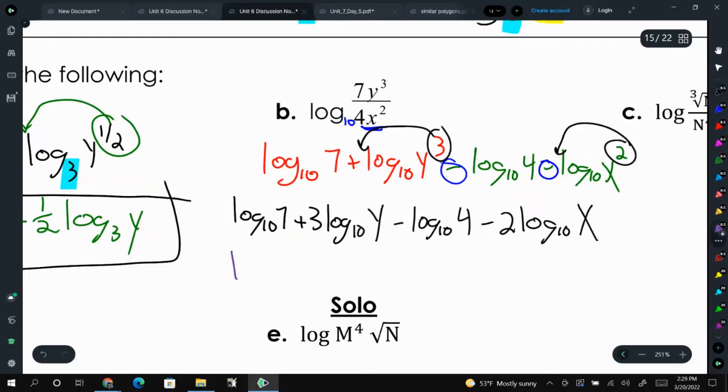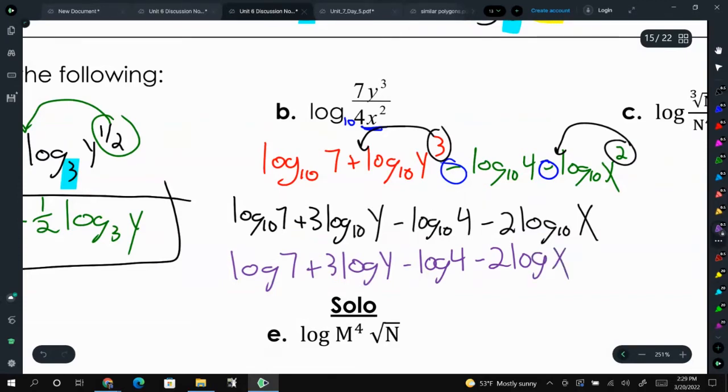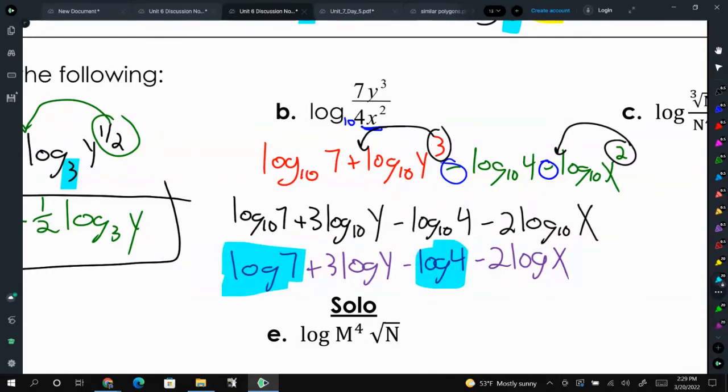Now, if you wanted to write this without the 10 written, make that 10 invisible, you could do that. If you wanted to evaluate these in your calculator and then subtract them, you could do that as well, but we can leave it like that, and that is an expanded log.